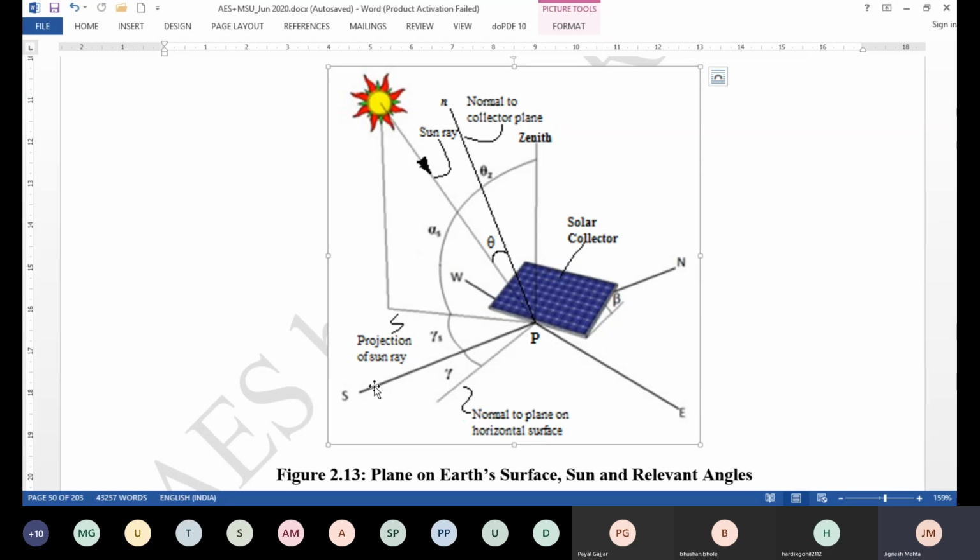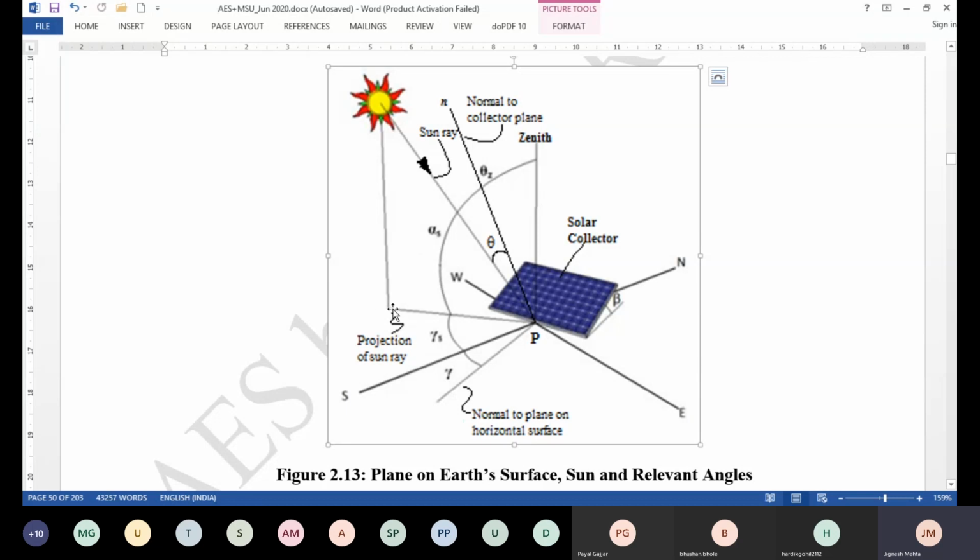That will happen when it is the noon, that is 12 hours local time. At that time, this projection will be exactly coinciding with the north-south line, but it's not 12 noon for that place at a given point of time.